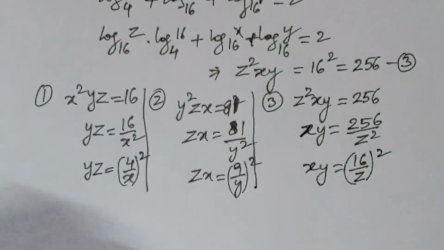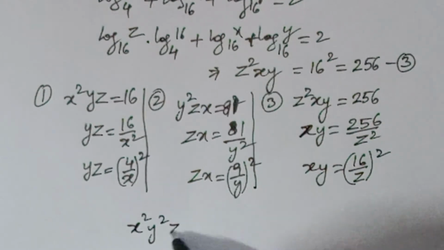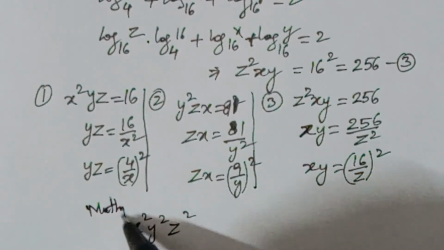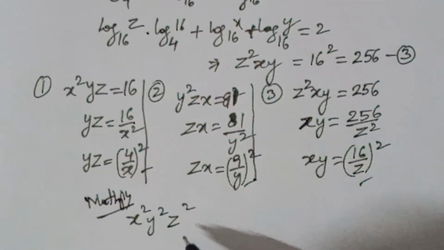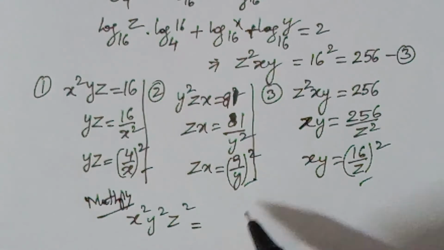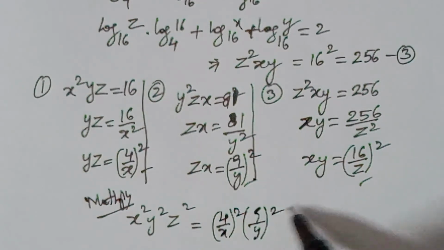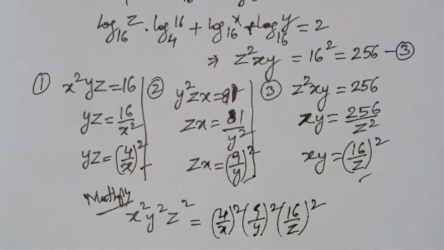Now multiply all these three: x square, y square, z square is equal to 4 by x whole square, 9 by y whole square, 16 by z whole square.